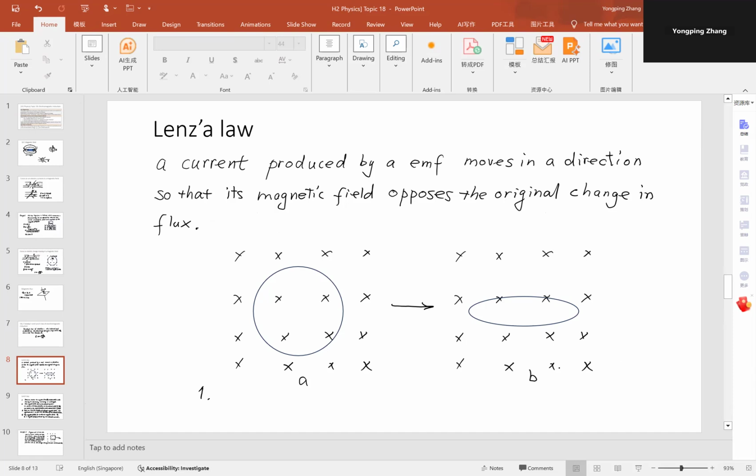This is a loop in the magnetic field, changing from A to B. This is because the flux equals BA, and because the area A decreases, the flux is decreased.